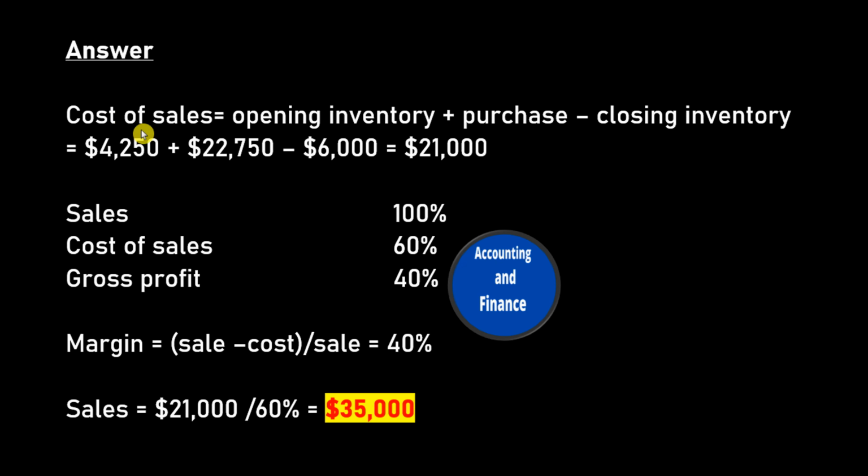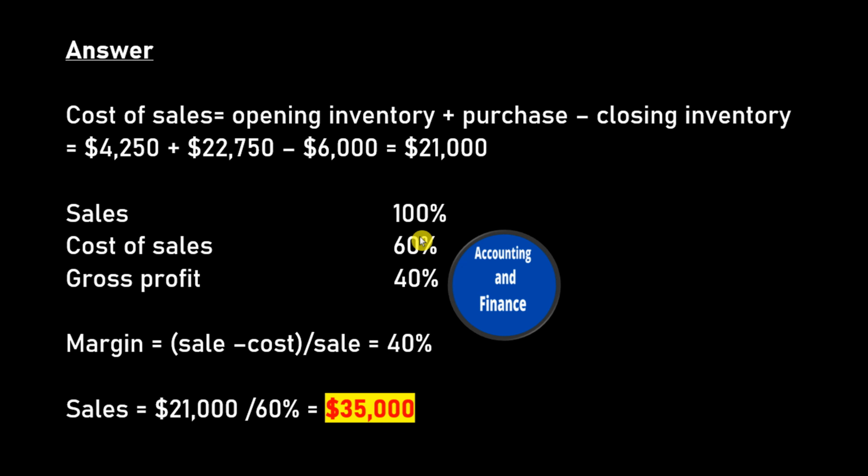Answer. Cost of sales equals opening inventory plus purchases minus closing inventory, which equals $4,250 plus $22,750 minus $6,000, equals $21,000.